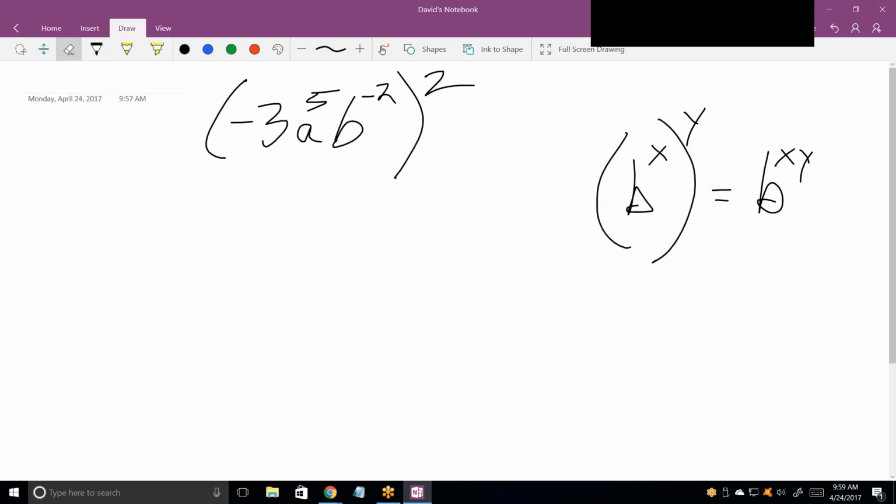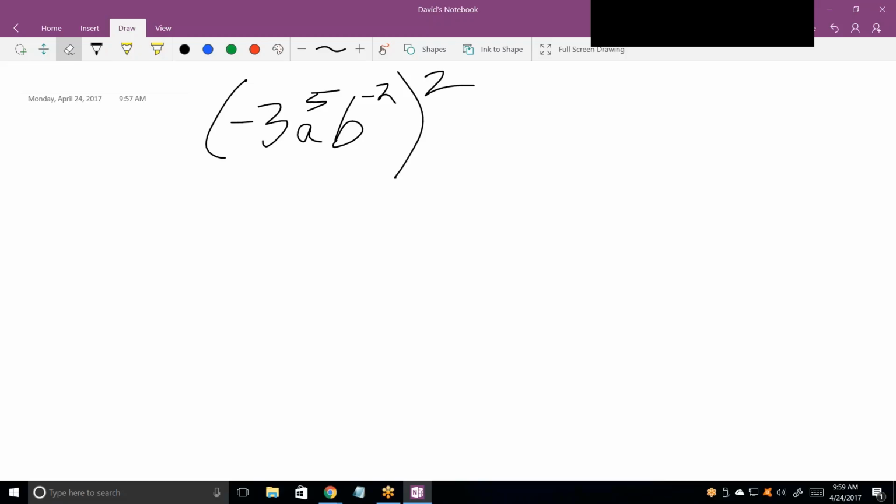Everything in the parentheses is being squared, so the 2 is acting on every single thing. We have to square the -3, and let's just do it term by term. What's -3 squared? 9. What's a to the 5th squared? A to the 10th. And what's b to the -2 squared? B to the -4th.